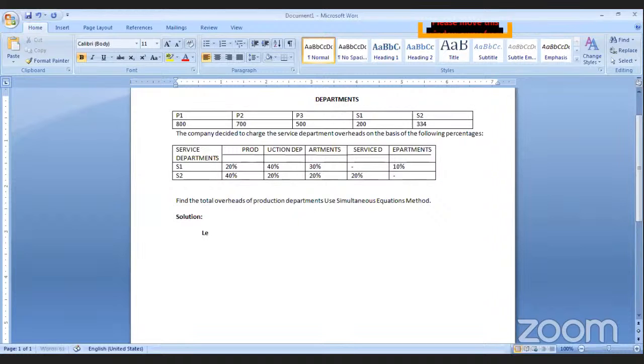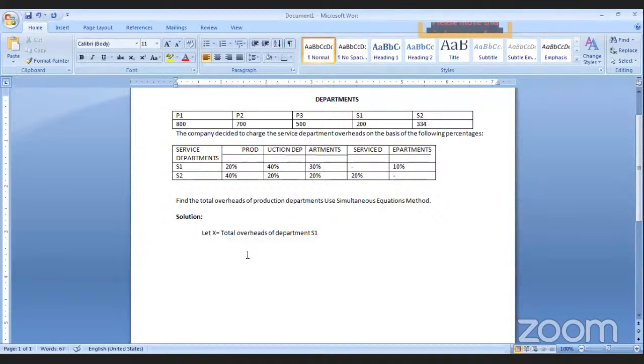So the S1 service department's expenses, you think of them as X. Let X be the total overheads of department S1.